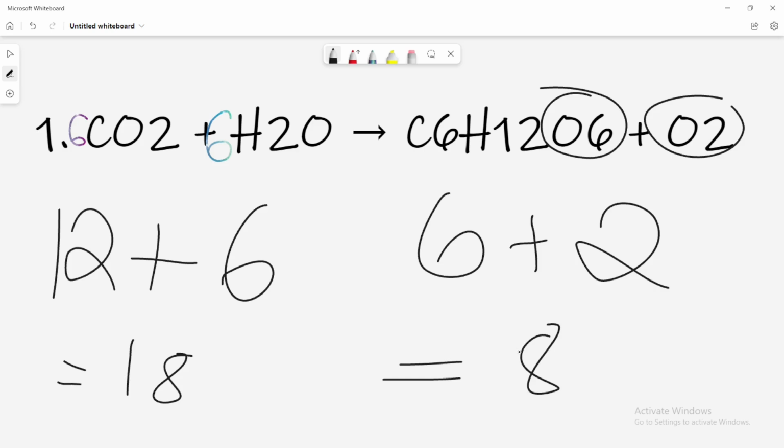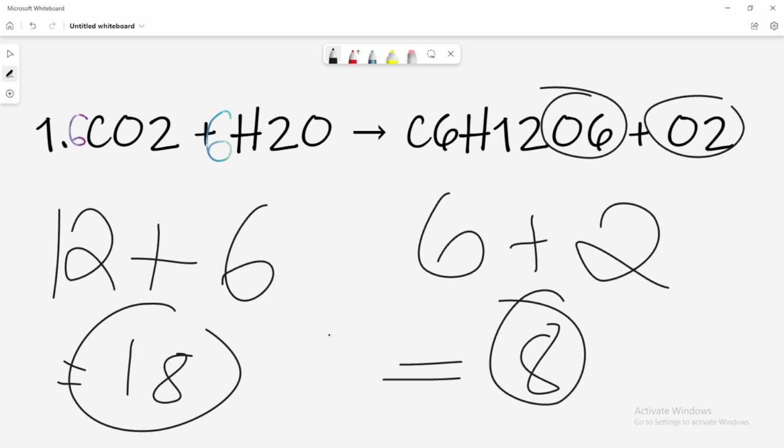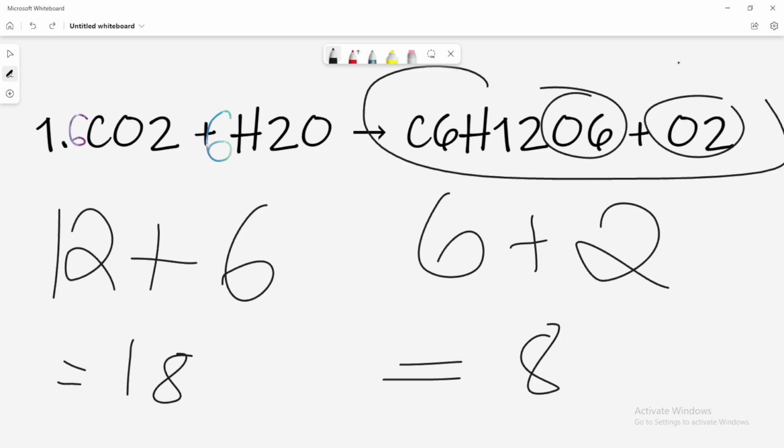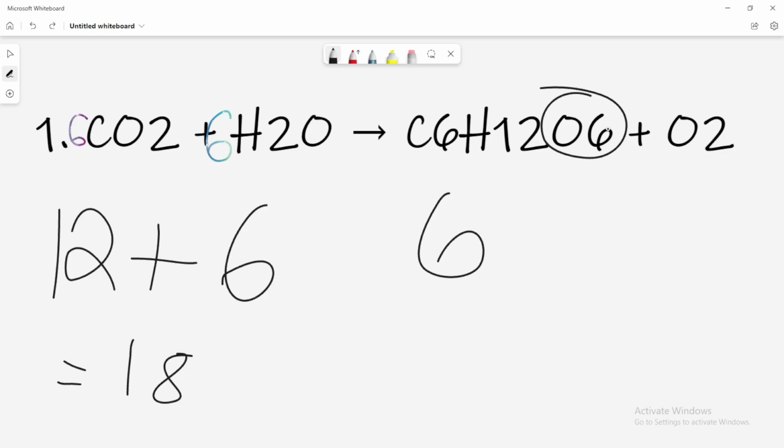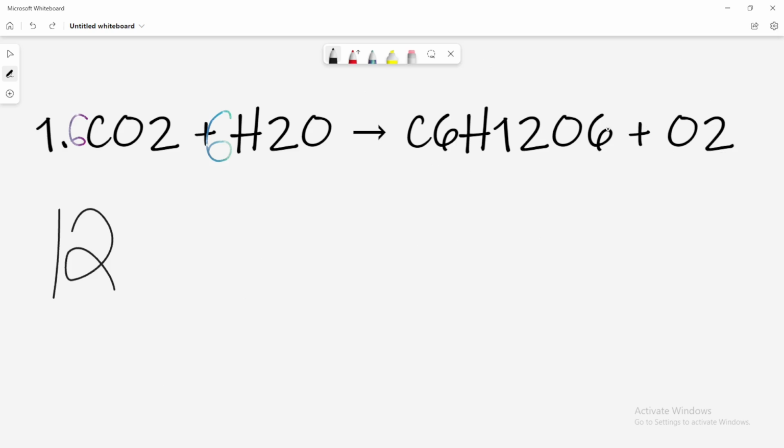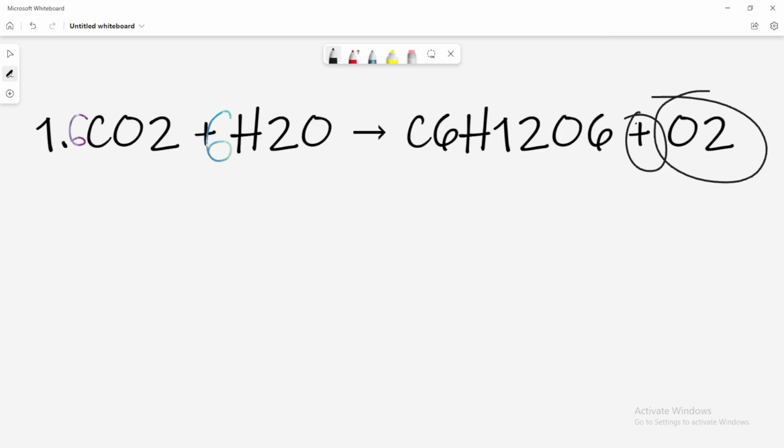Alright, so 8. That still doesn't equate. So we have to make it so that the shorter number goes pair to pair with the higher number. We have to go with the right side and modify that. So in order to modify that, we have to go with the shorter number instead, the one that separates the plus. Oh, this is much shorter, has fewer numbers, so we're going to go with that so that it's much easier.